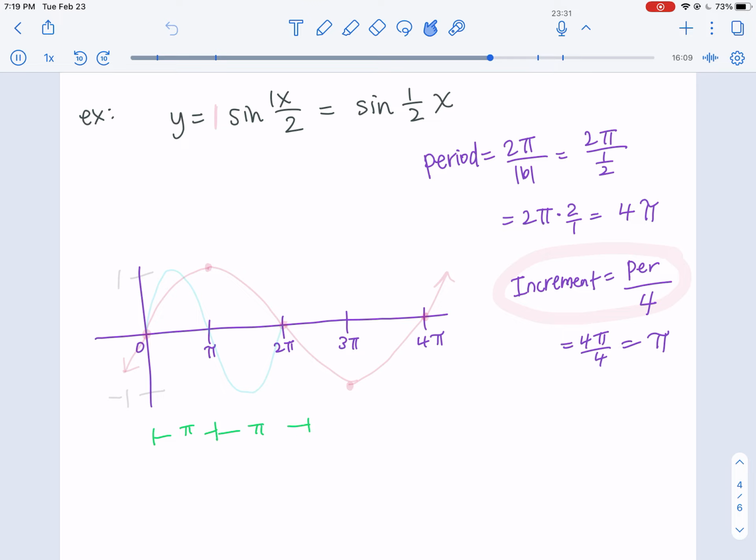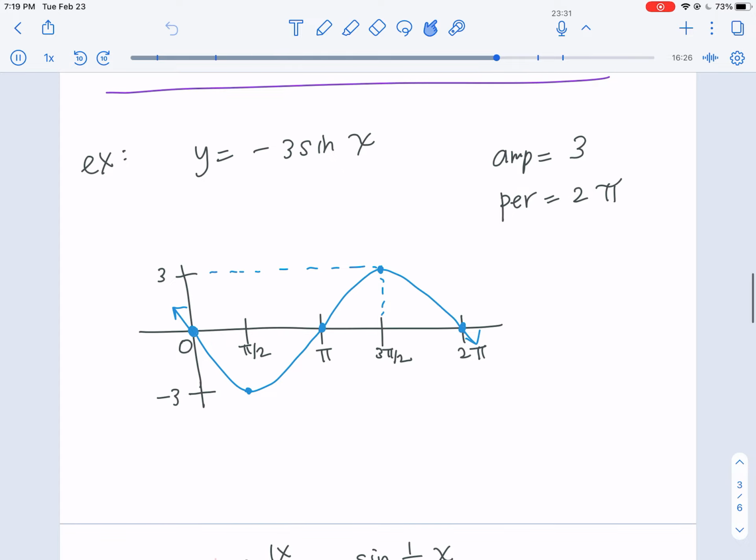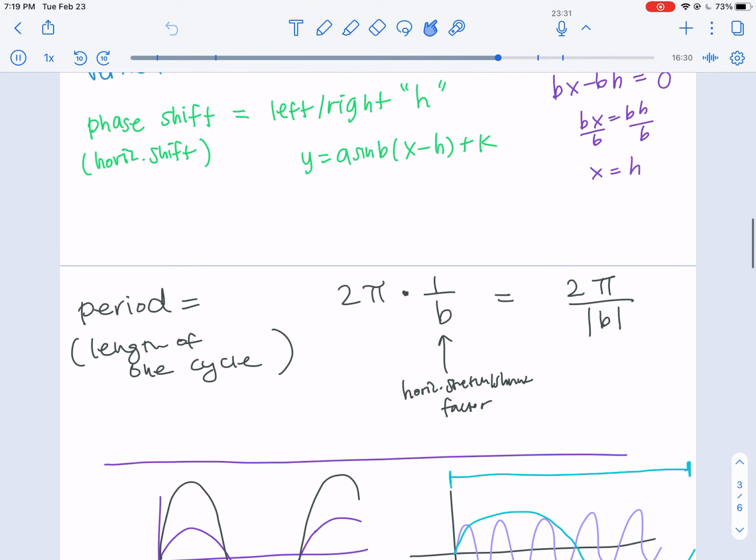Olivia, you look like you have a question. Which part? The period. So the way you find the period is 2 pi over b. For the other one, it was 2 pi because I didn't have a horizontal stretch or shrink factor. The b was just 1, right? So you want to go back and look at the general sense of things.